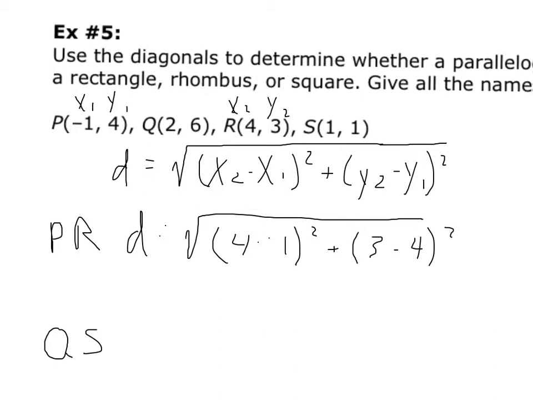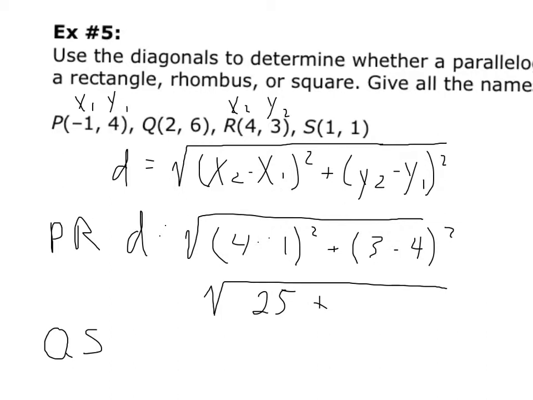Let's go ahead and reduce. We know 4 minus -1 is 5, and 5 squared, 5 times 5, gives us 25.